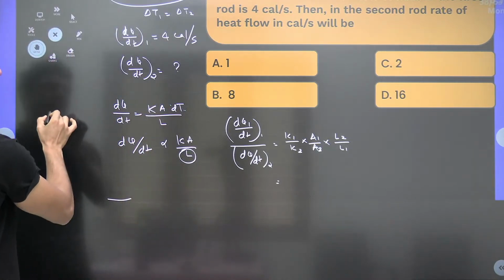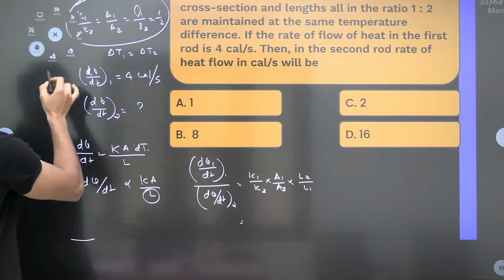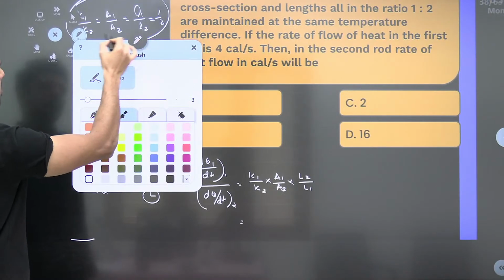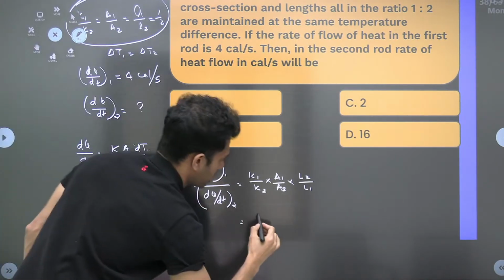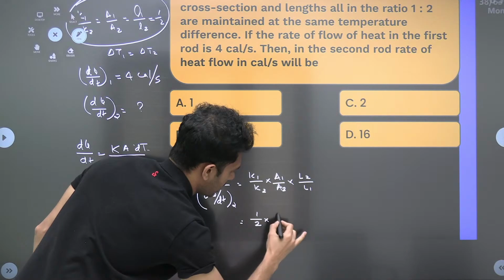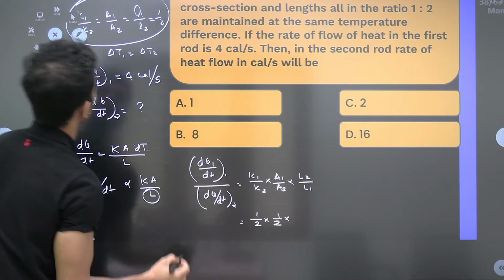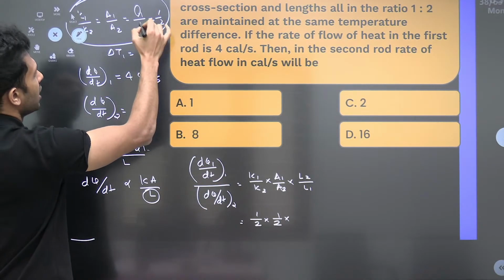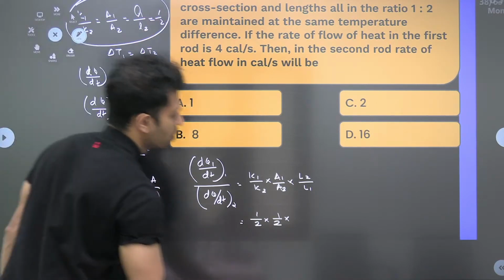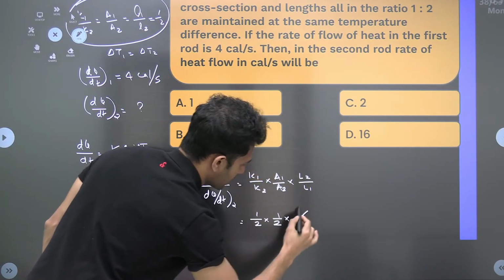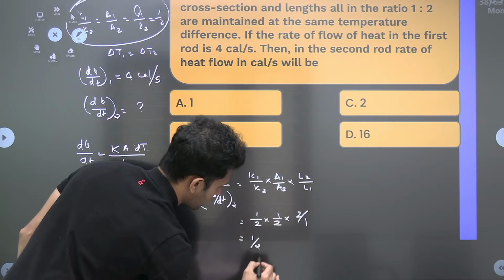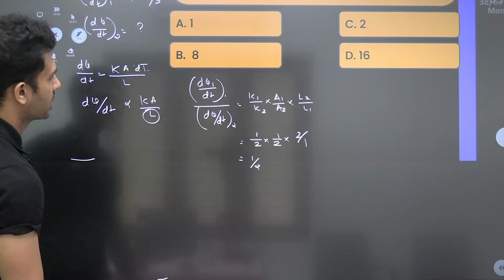We already have K1 by K2 as 1 by 2, A1 by A2 as 1 by 2, and L1 by L2 is 1 by 2, so L2 by L1 is 2 by 1. The 2s cancel, so this is 1 by 2.